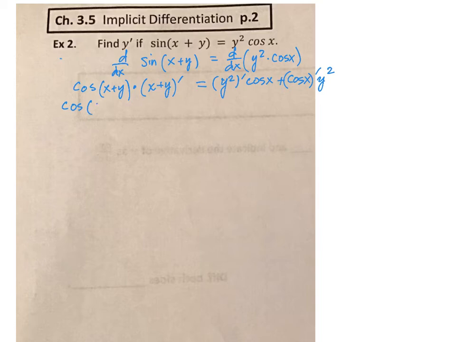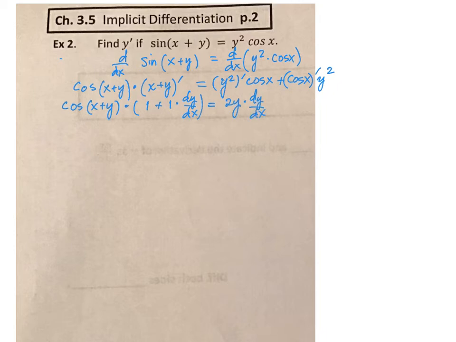So I have cosine (x plus y) times the derivative of x, which is just 1. The derivative of y is 1 times dy/dx.